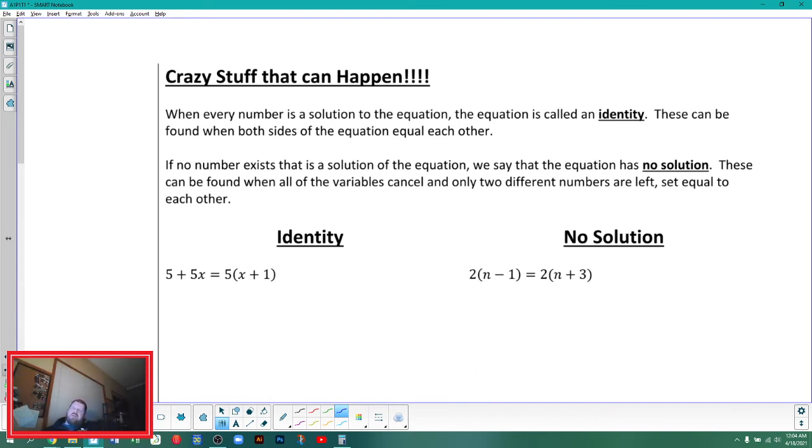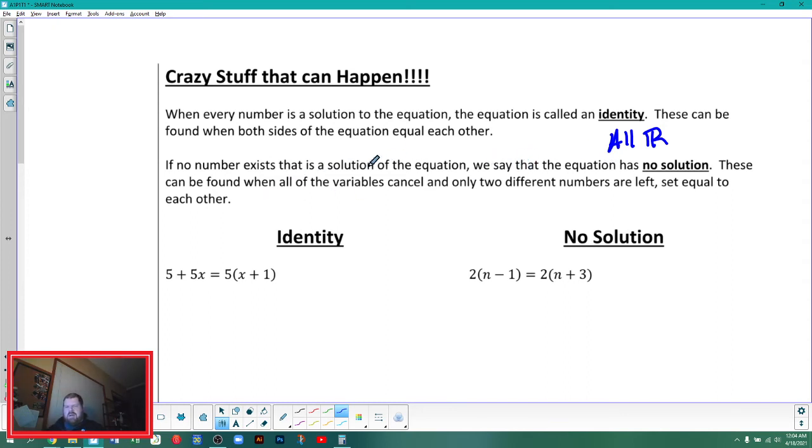The first one is that when every number is a solution to the equation, it's called an identity, as in it's always true. In an instance like that, we might say something like all real numbers. And I'm using a notation for real numbers. These can be found when both sides of the equation equal each other.